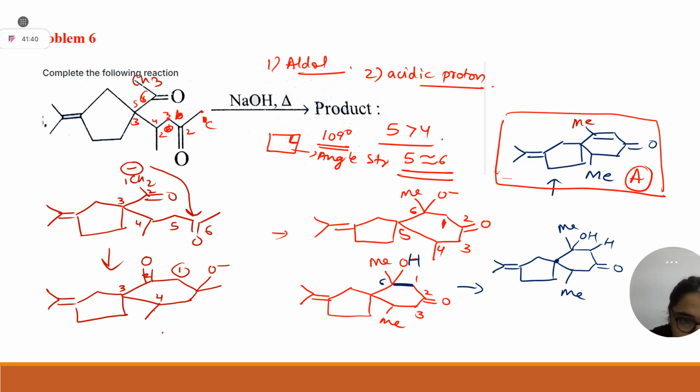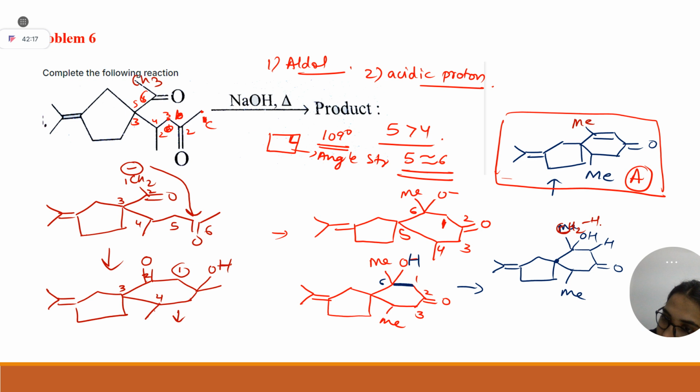Yes, ma'am. Now heating is there, it will take proton from your workup and all. Now there are two conditions, actually three conditions. It can abstract a proton from here also. But this will not be stable, as it will not be in conjugation with your carbonyl. I'm talking about this CH2, also an alpha hydrogen, right?